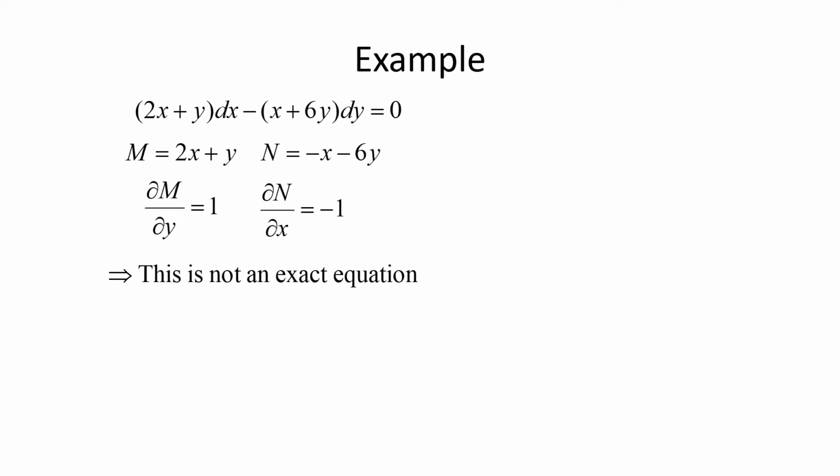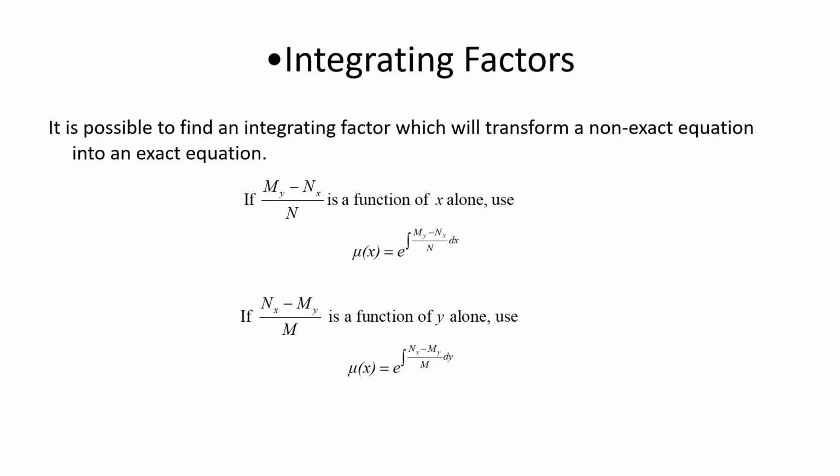All right, so what do we do if we encounter a problem that's not an exact equation? Well, it is possible to transform a non-exact equation into an exact equation using an integrating factor. So here's the situation where that would work.